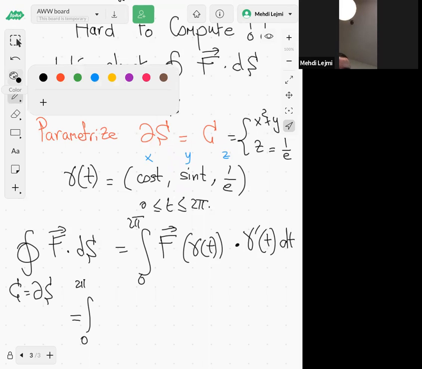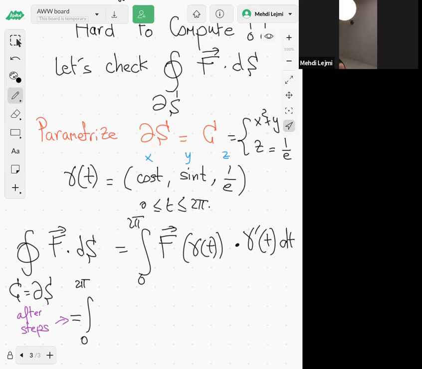I'm jumping some steps here because I assume, guys, that you know how to compute this scalar product. After a couple of steps of computations, you end up with 2 sine squared minus sine of t, e to the sine of t plus 1 over e, plus cosine squared of t, e to the sine of t plus 1 over e, etc.